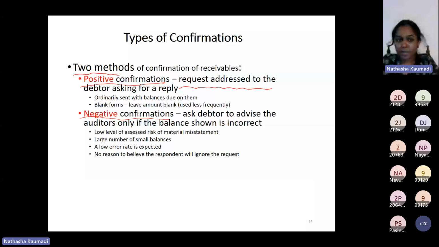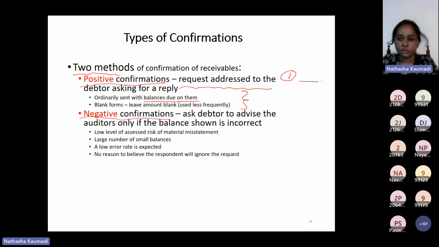So you are requesting. Now, when you send positive confirmations, you can have two types. Ordinarily sent with balances due on them. One way is positive confirmation where you are expecting a reply. One way is you are mentioning the value to be confirmed.